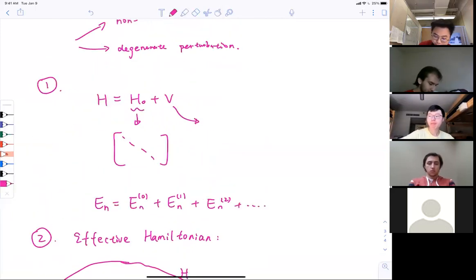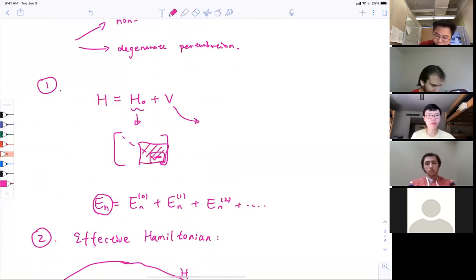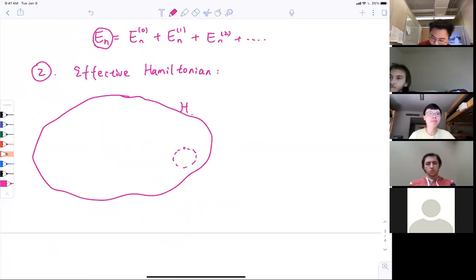For example, if we care about some specific energy levels, then it's just one element of your Hamiltonian, or some degenerate subspace, only corresponding to some small subspace. It's not the whole Hilbert space.